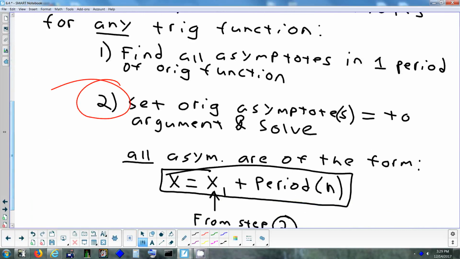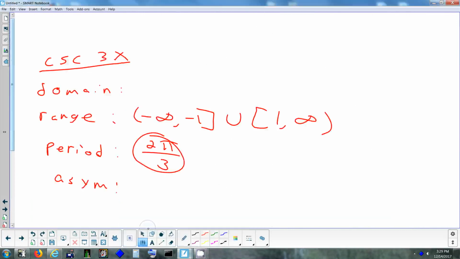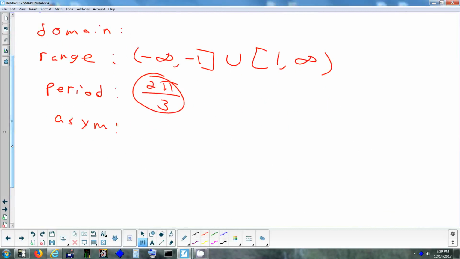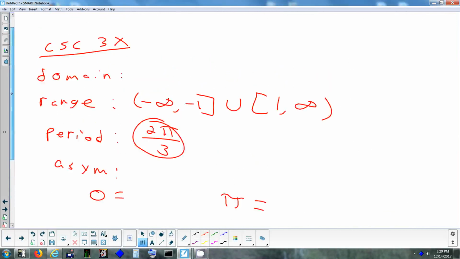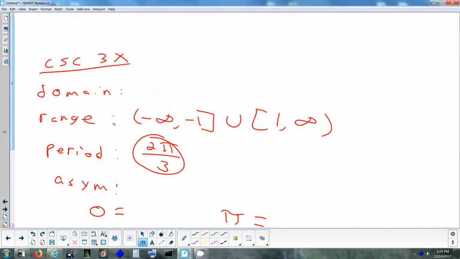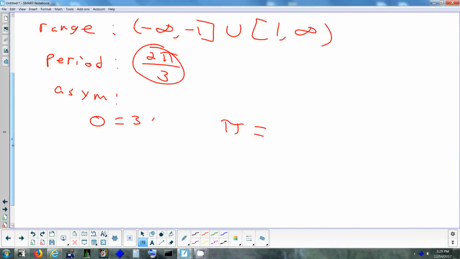Set the original asymptotes equal to the argument and solve. What's the argument there? 3x, what's in the parentheses. Now solve. The first one, not much happens. It's still 0. The second one, instead of the asymptote being at pi, now it's at pi over 3.